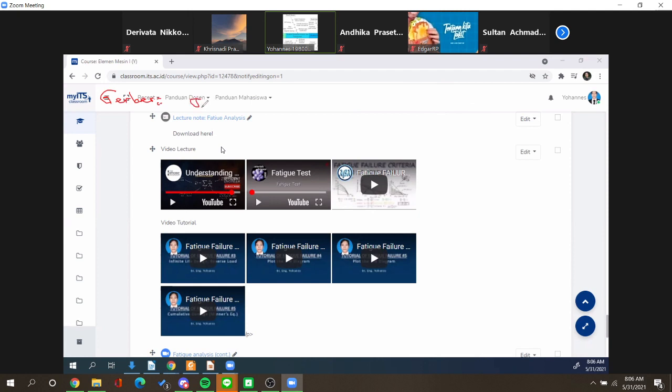This is the amplitude, and this is the endurance strength, and this is the safety factor, factor of safety, minus sigma average or sigma mean.